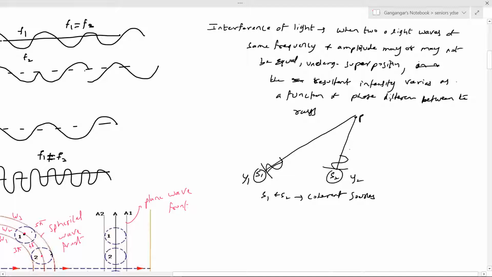Now, why will they have a phase difference? Because they cover different paths, x1 and x2. At this point, y equals y1 plus y2. Suppose y1 has a phase angle of sine.